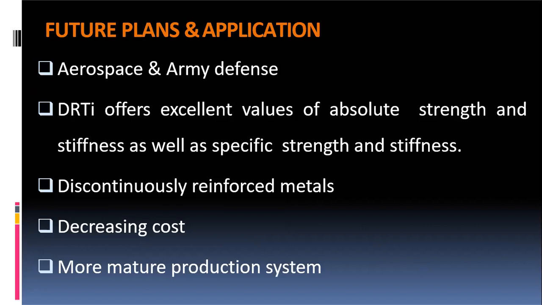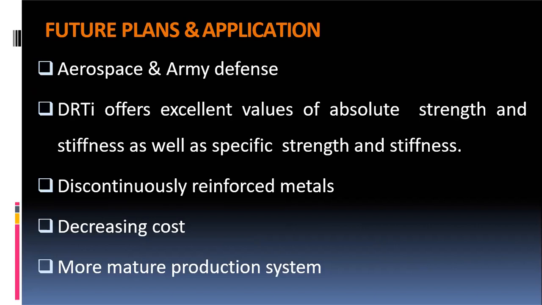The labs of DRTI offer very good values of absolute strength and stiffness compared to the specific strength and stiffness of the other materials. The specific stiffness is also very good in metal matrix composites. So this is a good value-added product in the nearby future.